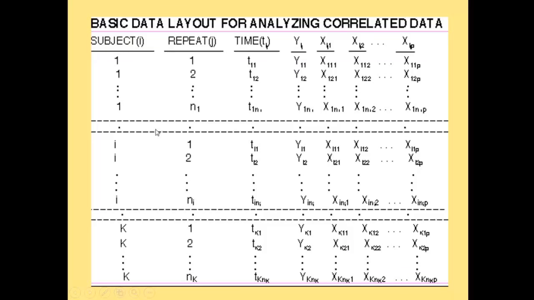Now, another key thing about this data layout is, does the data actually come this way? If you have a study and you've got 100 subjects, K is 100 subjects, do you have the data so that for each subject you have a different line of data? Often what happens is for each subject you have a long bit of information.